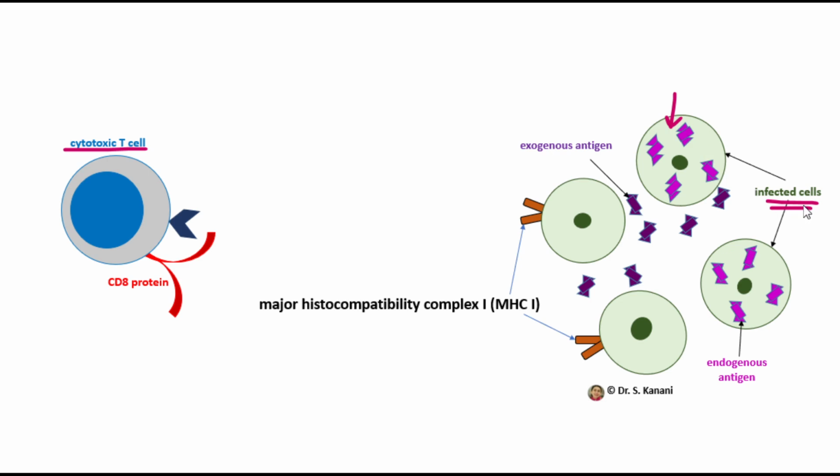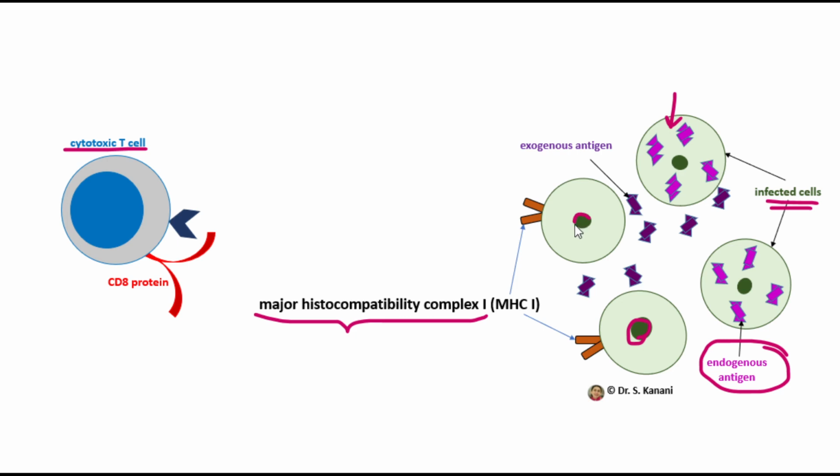Recall that inside the infected cells we have the microorganisms, and we refer to the antigen of microorganisms that are inside our cells as endogenous antigen. And also we recall that all our nucleated cells are capable of building a self-antigen named major histocompatibility complex 1.